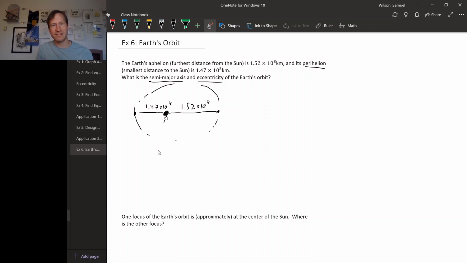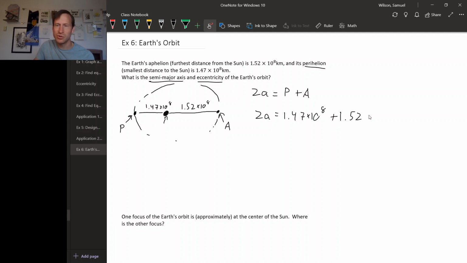So let's see, how are we going to find the semi-major axis and the eccentricity? Well, if you look at this diagram, from the perihelion, which I'll label P, to the aphelion, which is A, that's actually the long way across the ellipse. That's the major axis. So the major axis is 2 times little a, and that's the perihelion plus the aphelion. So 1.47 times 10 to the 8th kilometers plus aphelion is 1.52 times 10 to the 8th kilometers.